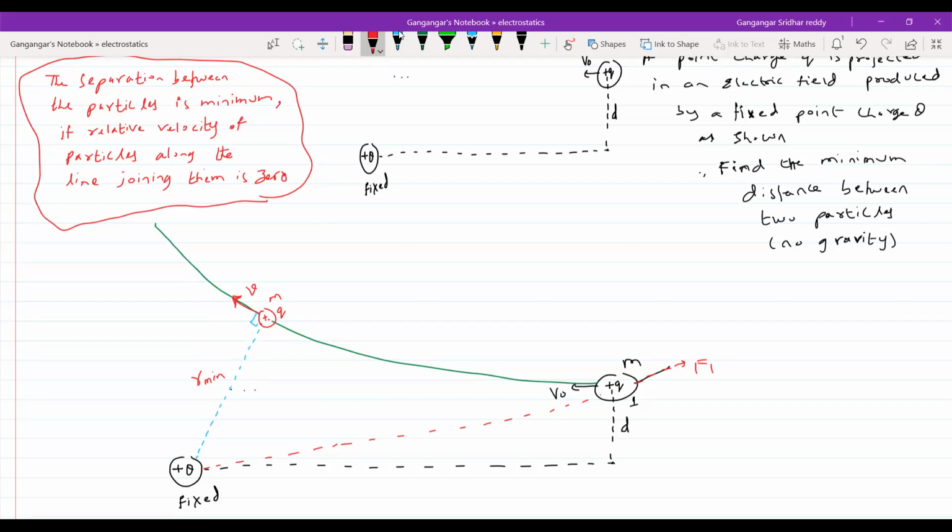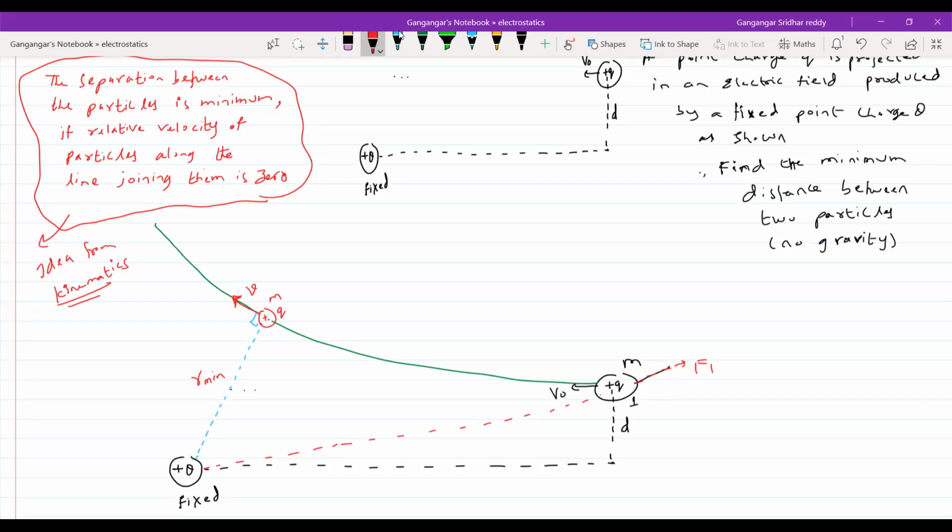This is a very important condition that I'm going to apply. So the velocity vector will be perpendicular to the line joining them. That's why this perpendicular is shown. From where is this idea brought? From kinematics.